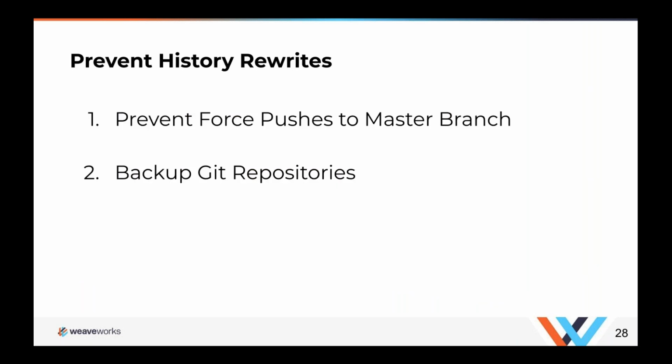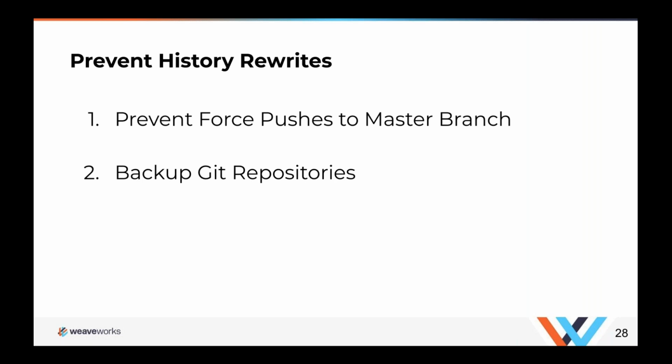The next step is you don't really want a user to be able to change the past, right? The past is really important, and there are ways in Git where you can change the sequence of events that led to a particular place, and that's not what we want. So two things that you want to be doing here are preventing force pushes, which you can do at your provider level. However you're hosting Git, even if it's just a bare server, this is still possible.